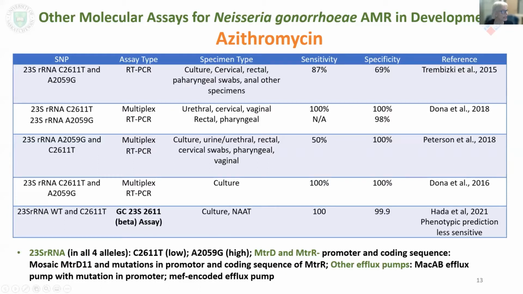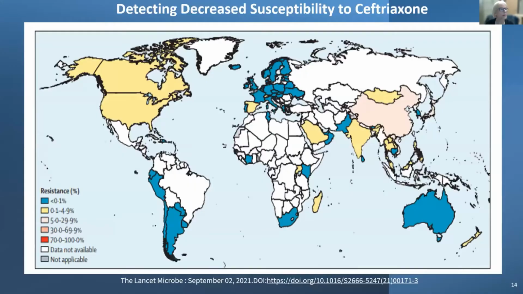But it's complicated by the fact that other genes are also implicated in azithromycin resistance. And so, although a commercial test is in development, when large populations of strains are being analyzed, these other genes could play a significant role in the accuracy of the test. However, this is under development.